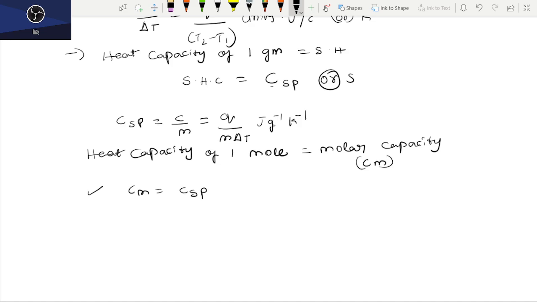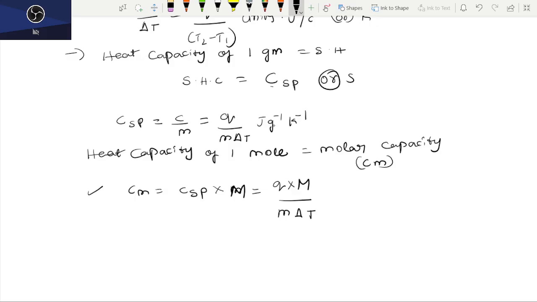Now, Cm is equal to Csp into M, where capital M is the molecular weight, equal to Q into M by m delta T. As you know very well, C by m is equal to Q by m delta T, the same thing I am taking here.